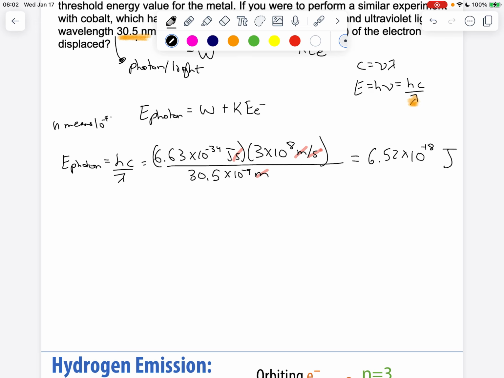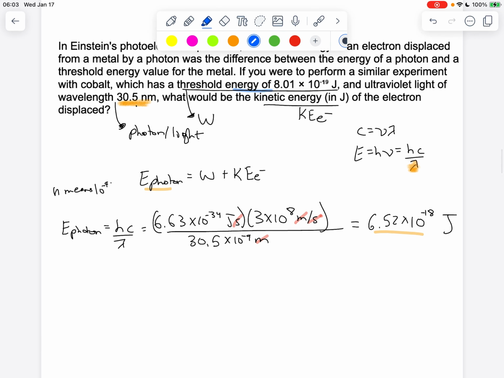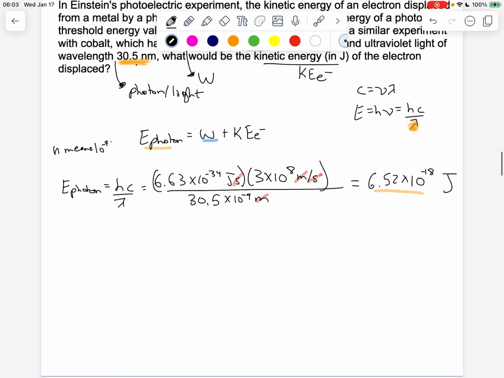And again, that's pretty typical, 10 to the minus 18, 10 to the minus 19 for energies. Now that we have the energy of the photon, we're ready to plug in, because we now know the energy of the photon. We now know, or we were given right away, the threshold energy. And the only unknown is the kinetic energy of the electron.